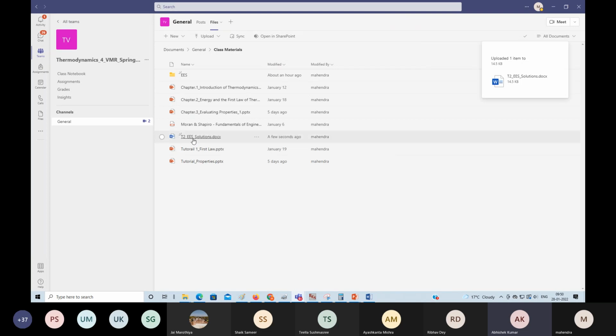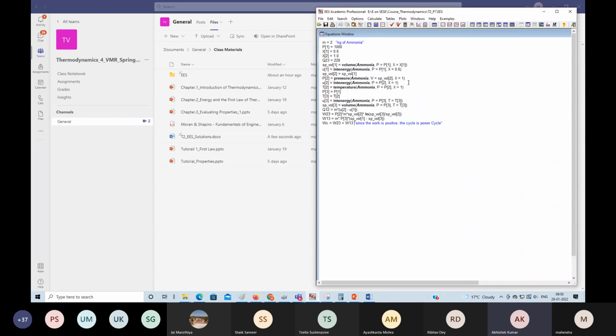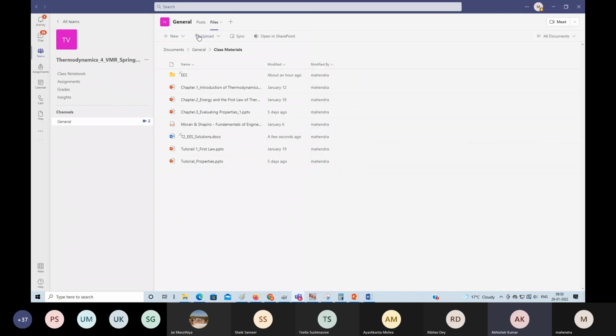This is the document with all the problems' code pasted in it, and I have shared it with you. You can practice it by yourself. Once you practice all these, even new problems you can practice very well by yourself. I have also given one link over here.